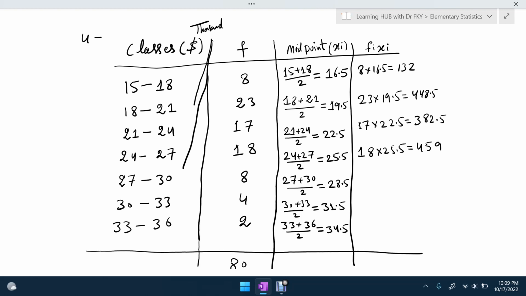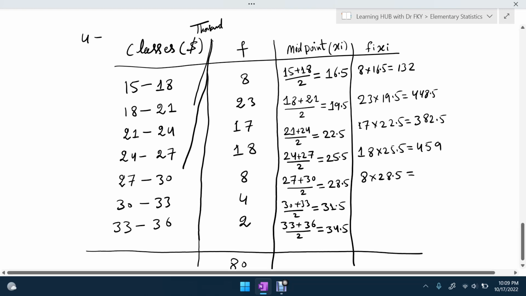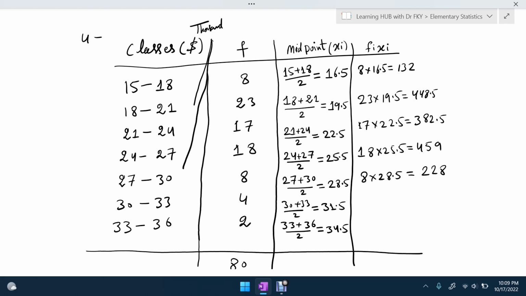The fifth one is 8 multiplied by 28.5. This will give you 228. The sixth one is 4 multiplied by 31.5.